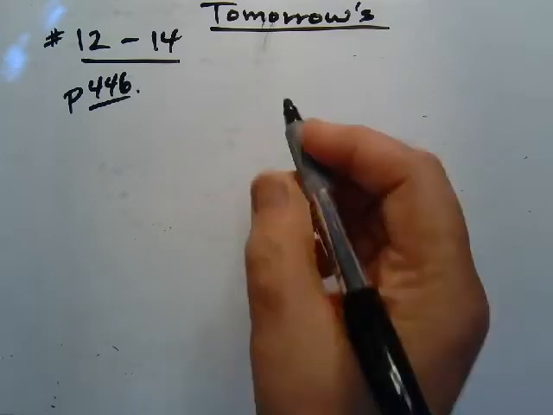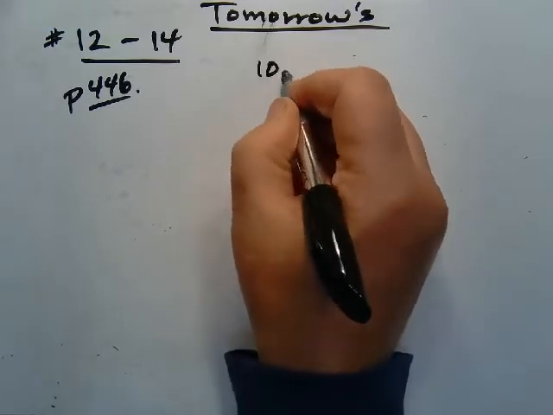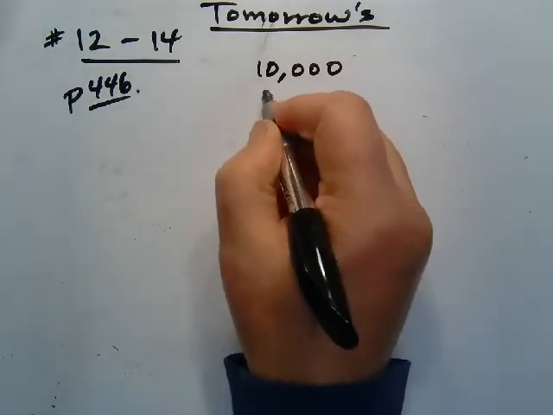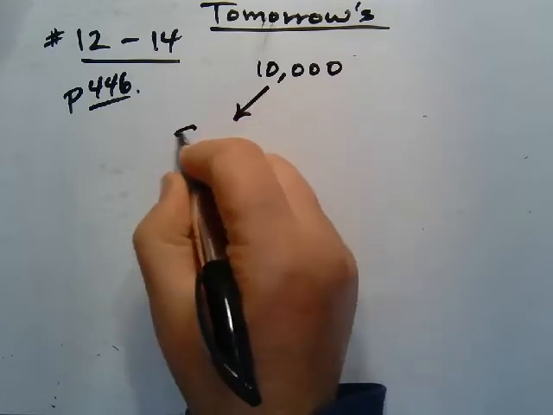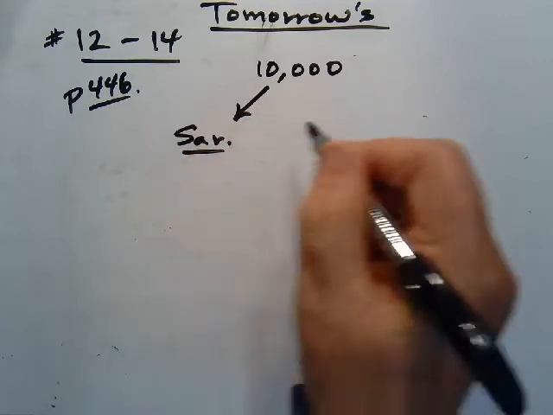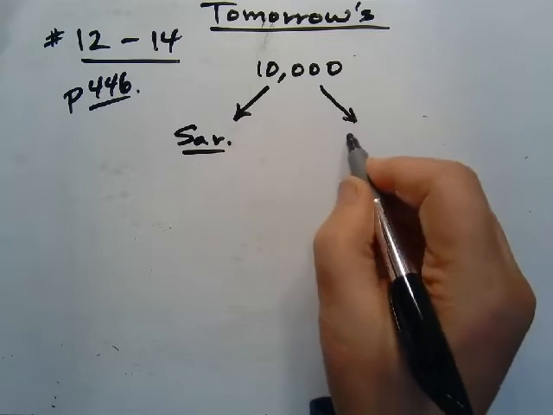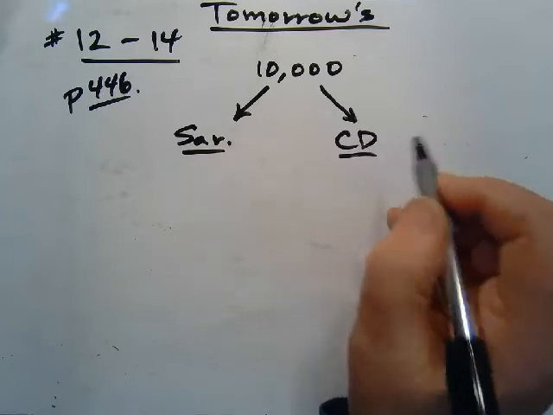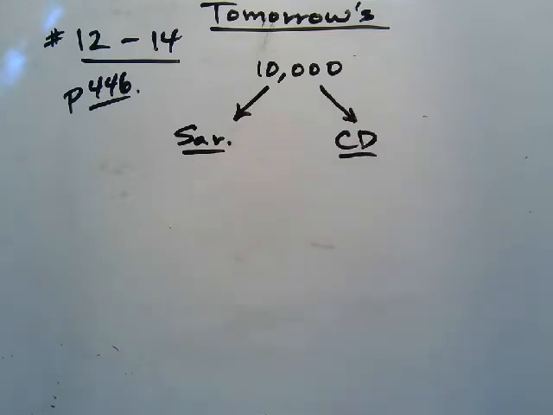CD. So Kenzie's grandmother gives her $10,000, and some of that money she put into a savings account, and some of that money she put into a CD. What a CD stands for is a certificate of deposit, and what that is, the money has to sit in there for a certain period of time for you to earn that interest.